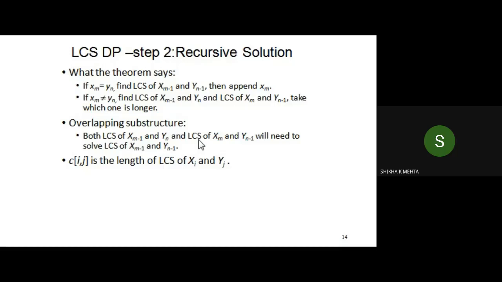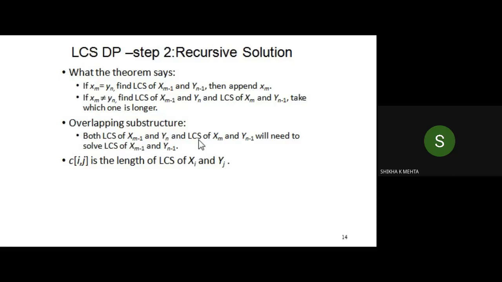For overlapping substructures, we are trying to find what is overlapping. For both the LCS of Xm minus 1 and Yn, and the LCS of Xm and Yn minus 1, we will need Xm minus 1 and Yn minus 1. From here you can see if we need Yn, for that we also need Yn minus 1, and for the other one we also need that. So what is the common overlapping substructure that we have to identify?